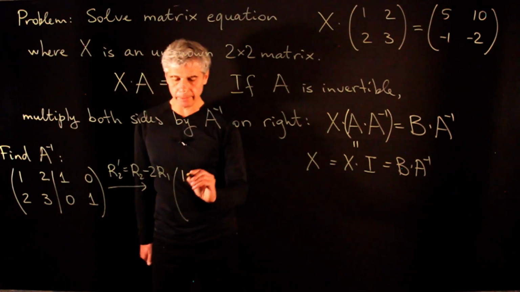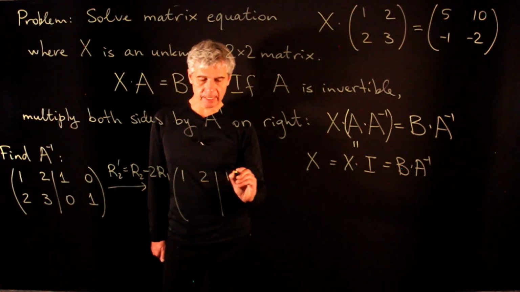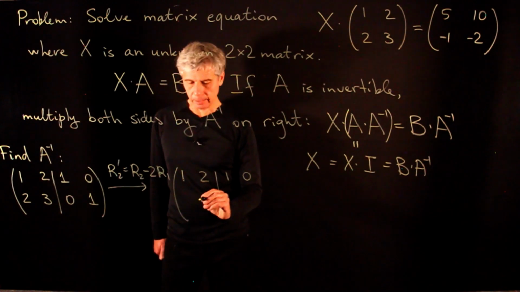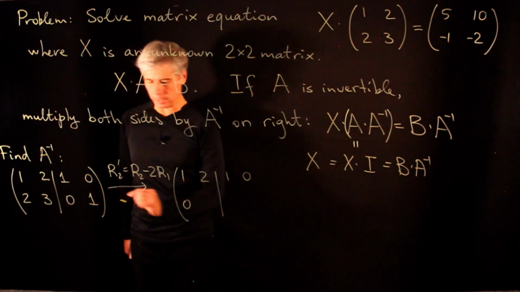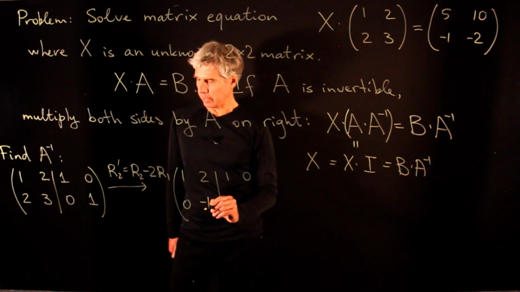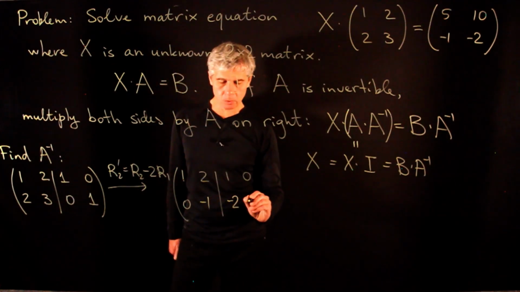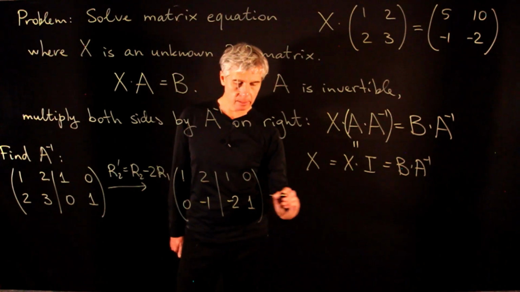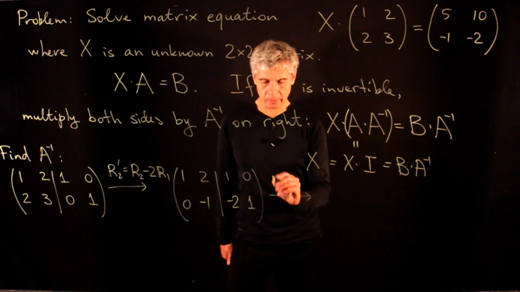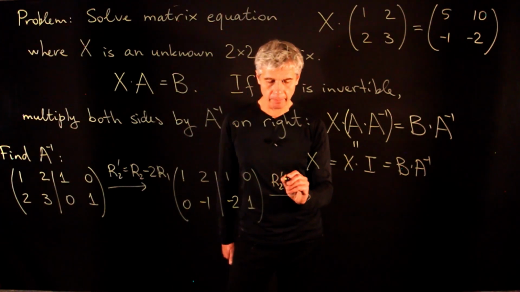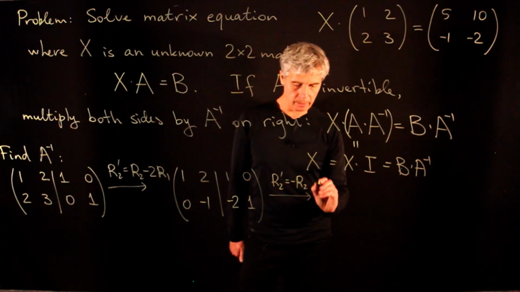So we get 1, 2, 1, 0, and 0, 3 minus 4, that's negative 1, and we get minus 2, 1 here. Then we multiply the second row by negative 1, so row 2 prime is negative row 2.